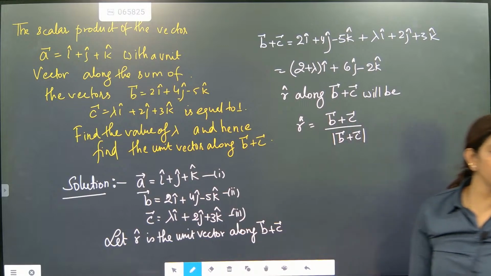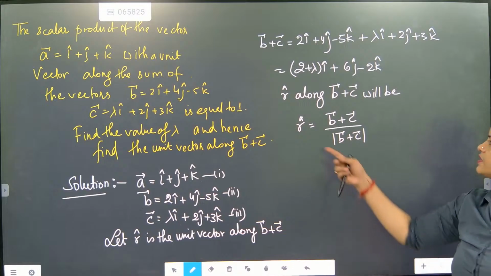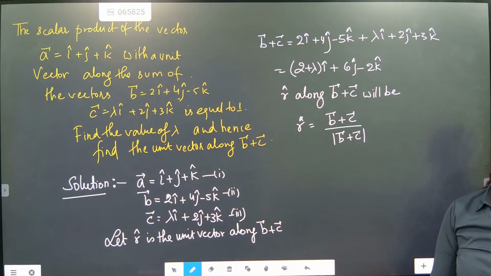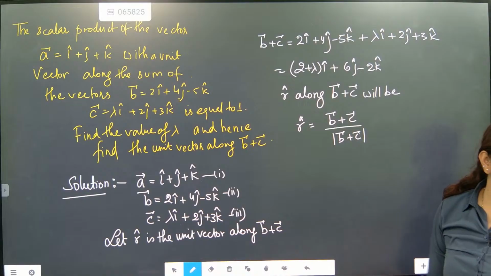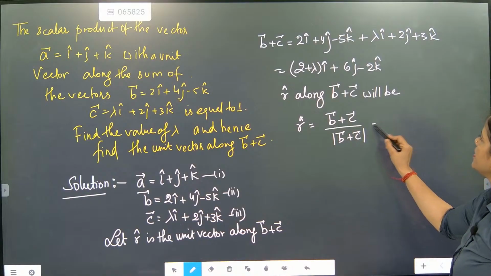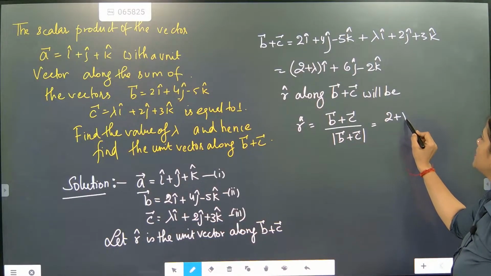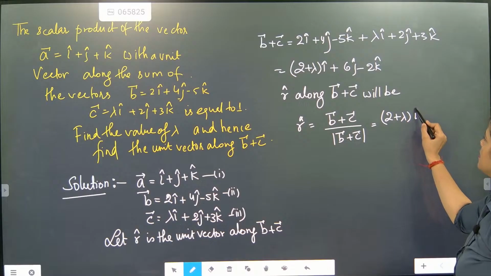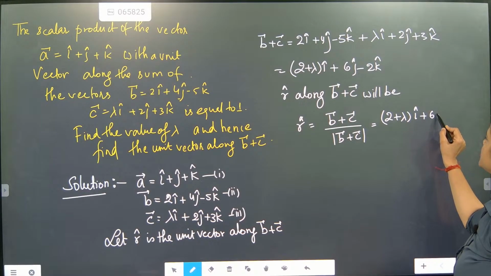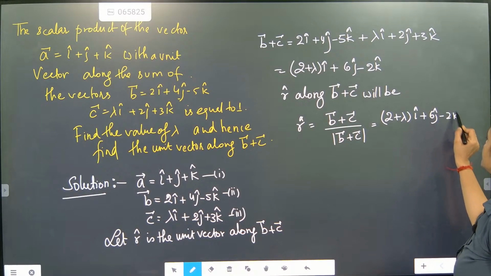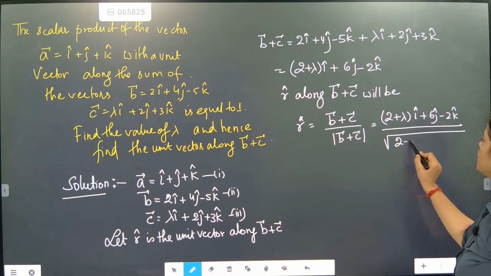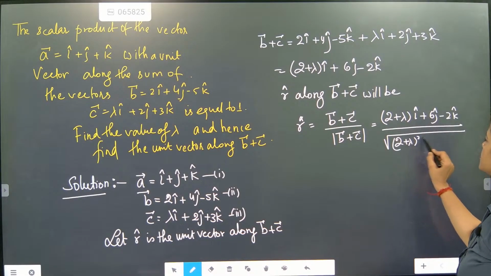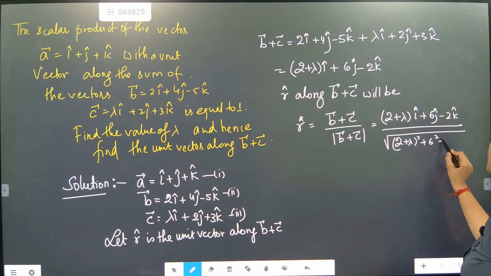Unit vector along means vector divided by its modulus. The vector here is (2 plus lambda)i plus 6j minus 2k, and down it will become root under (2 plus lambda) whole square plus 6 square plus (minus 2) whole square.